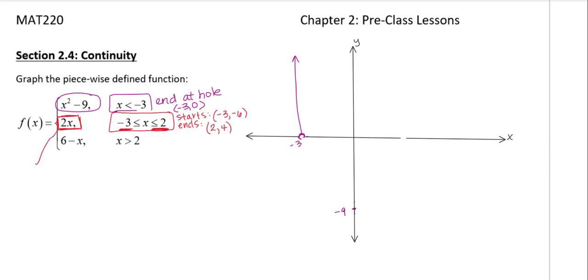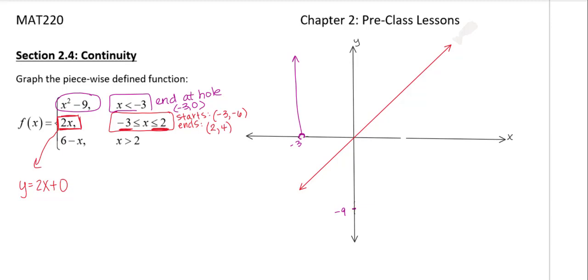And again, I should recognize 2x, if you want to rewrite it like this, as a line with a y-intercept of 0 and a slope of 2. So I could draw it that way as well. I could draw it something like so, where I have a line, y-intercept of 0, slope of 2, so this whole line is y equals 2x. All right, well, it's not going to go on forever in either direction.